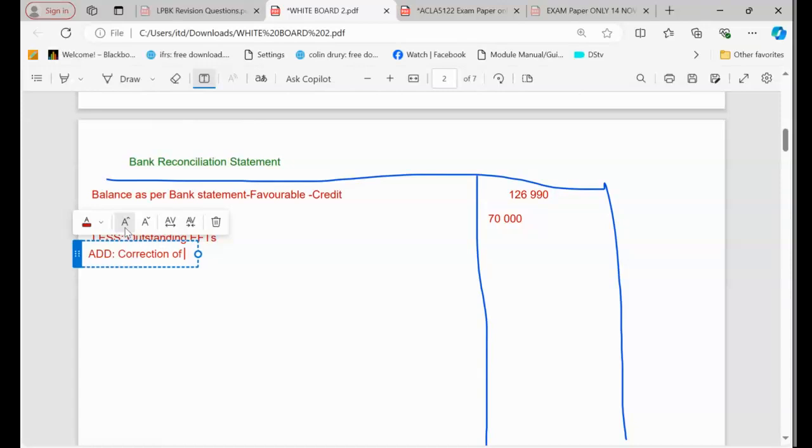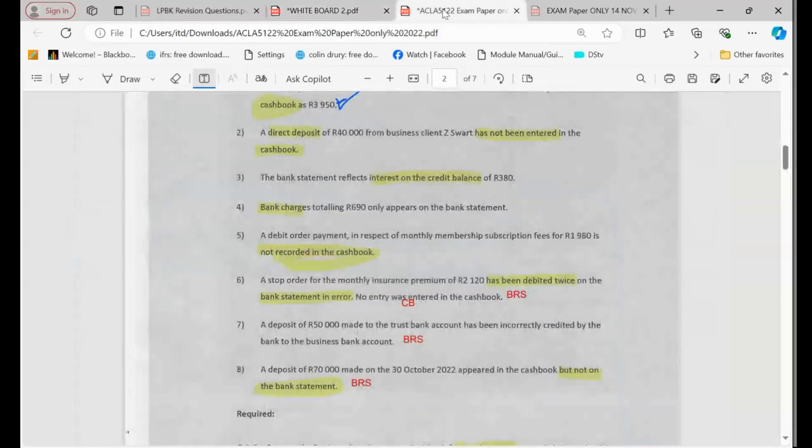You can put more information there, maybe debited twice, or insurance premium. It doesn't matter. Then you put that amount, but only one amount, which is 2,120.